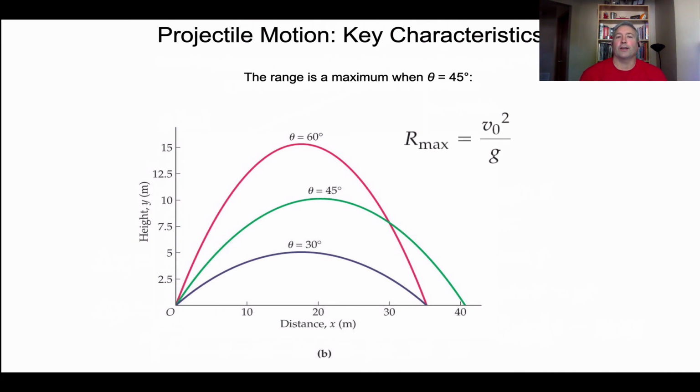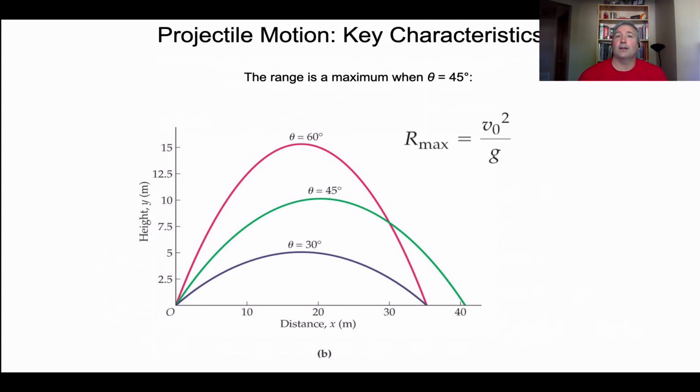So if I shoot something at 30 degrees at the same speed as I shoot something at 60 degrees, they're going to land at the identically same spot, the same distance. The range is the same. At 45 degrees, the range is at its maximum. And we can prove that mathematically if we need to. We might do that in class, I doubt it. But that's kind of something that you guys have an inherent idea about.